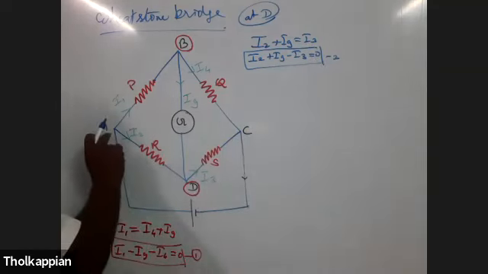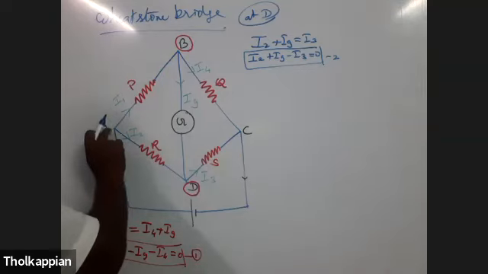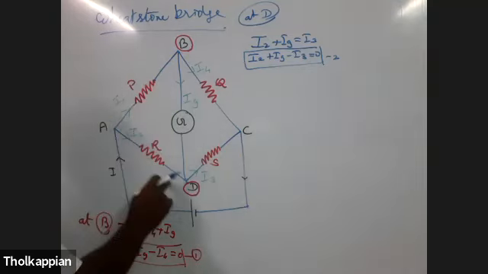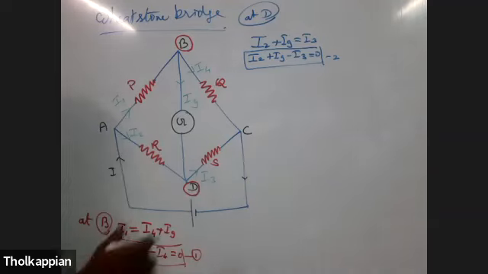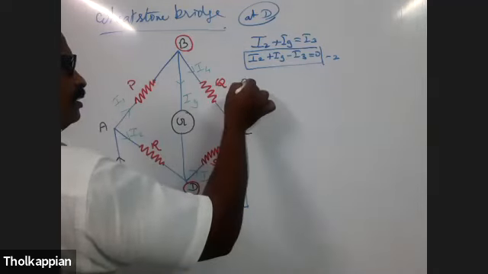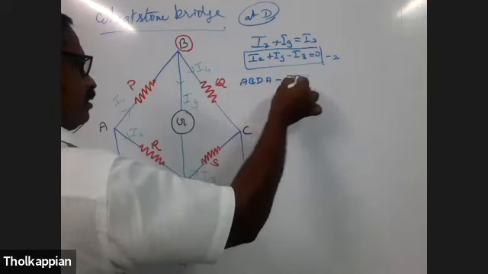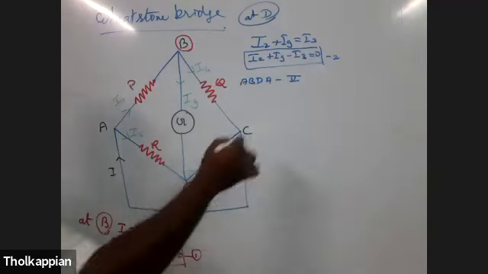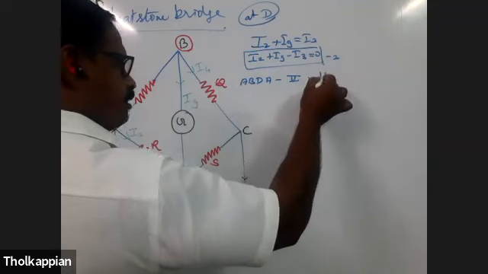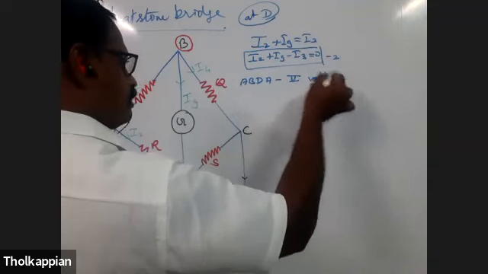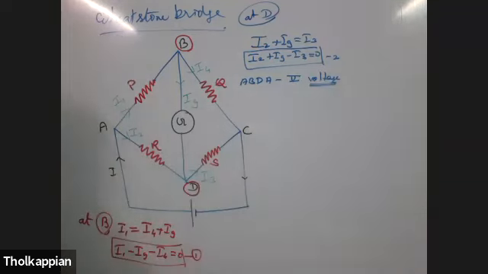Now take this as two loops, A, B, D, A as one loop. For the loop A, B, D, A, apply the second Kirchhoff law, the voltage law. What is the voltage law?